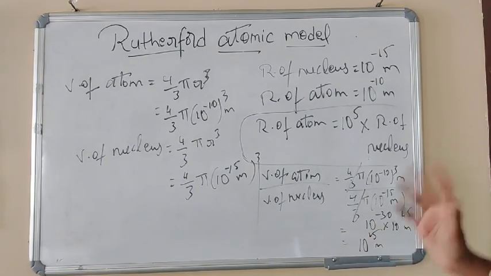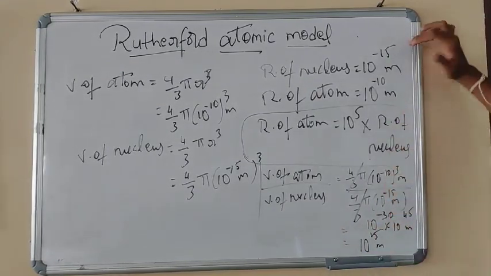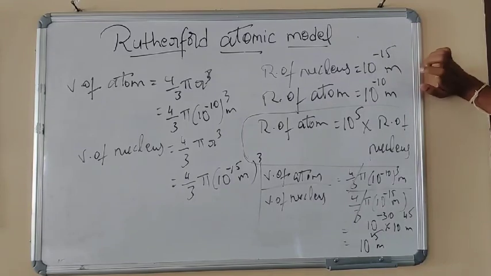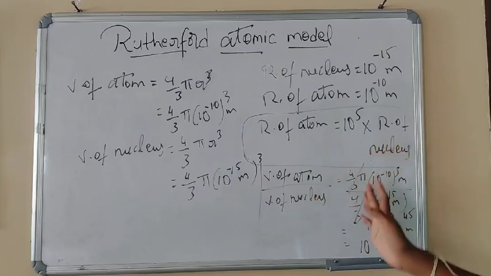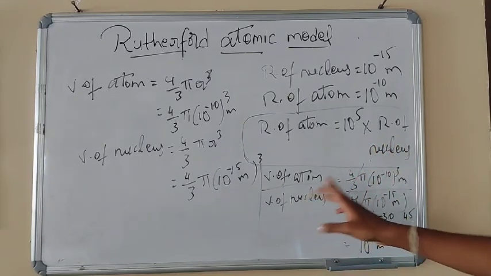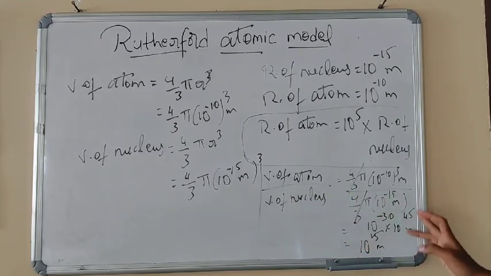Okay, this calculation is very important. See, the radius of nucleus is 10 power minus 15, the radius of atom is 10 power minus 10. We can say the radius of atom is 10 power 5 into the radius of nucleus. The volume of atom is 10 power minus 30 meters cubed and the volume of nucleus is 10 power minus 45 meters cubed.